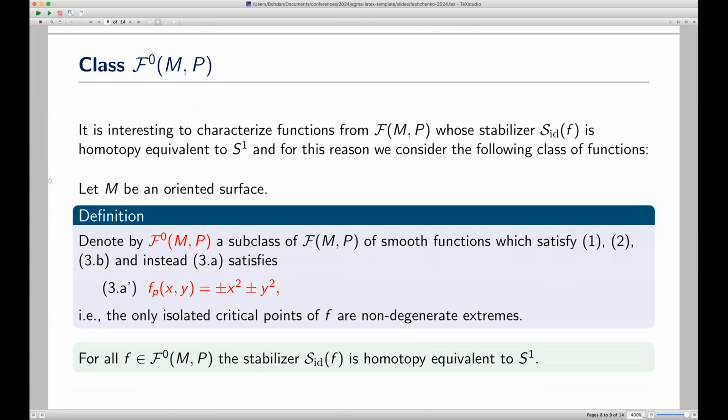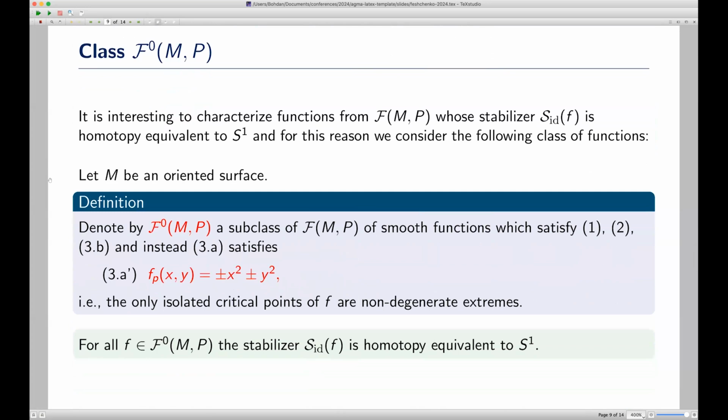So denote by F0 a subclass of the class F of smooth functions which satisfy conditions 1, 2, and 3b and 3a prime.